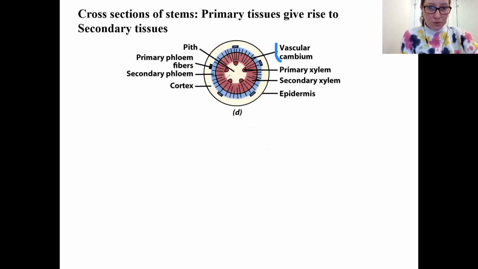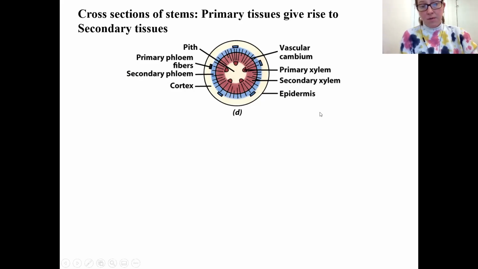This one only shows vascular cambium so far, which is going to make your secondary xylem and secondary phloem. So look, here it is. It already made the secondary xylem. Here's the secondary phloem. And so that's the vascular cambium meristem.